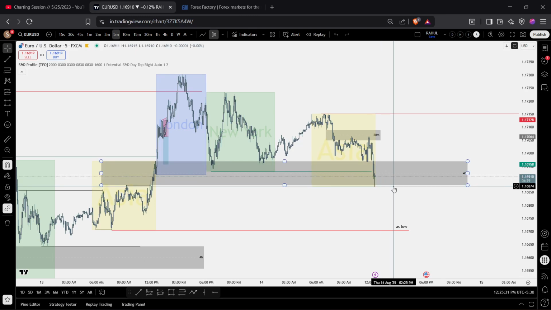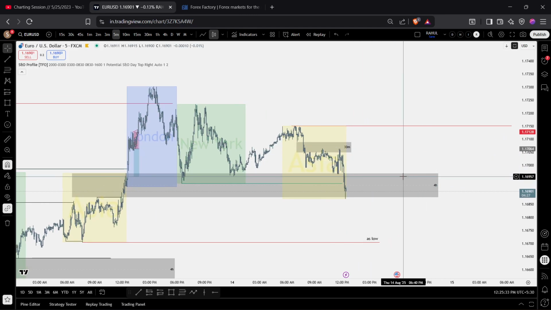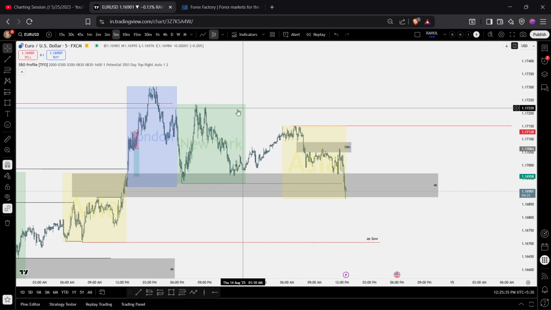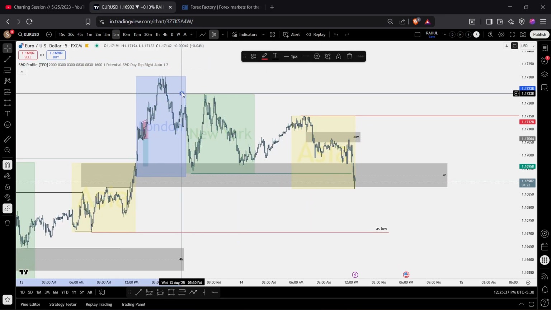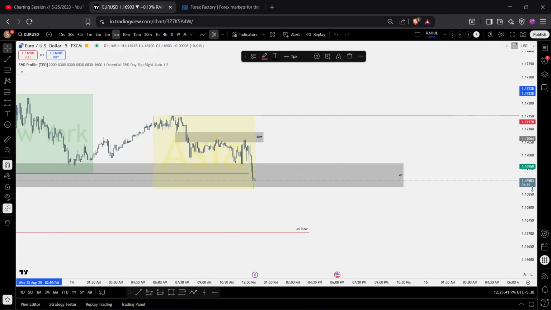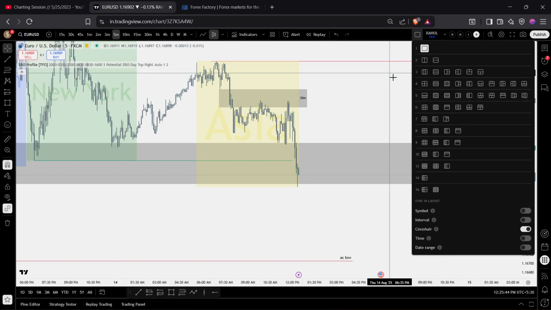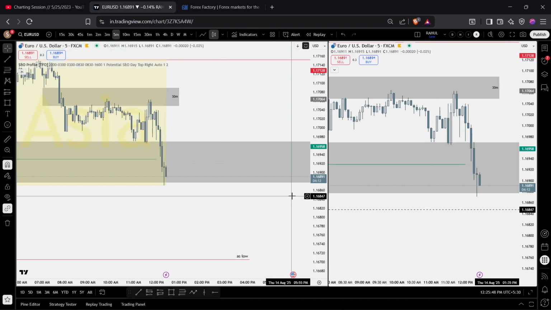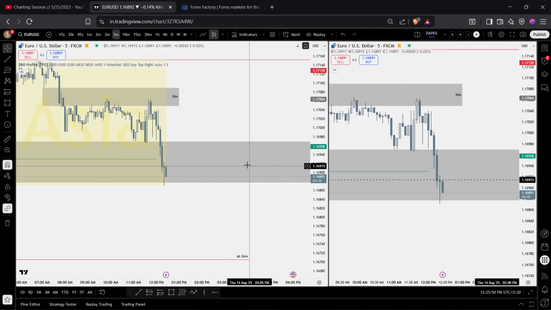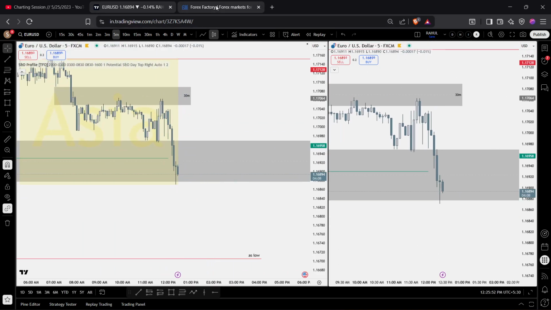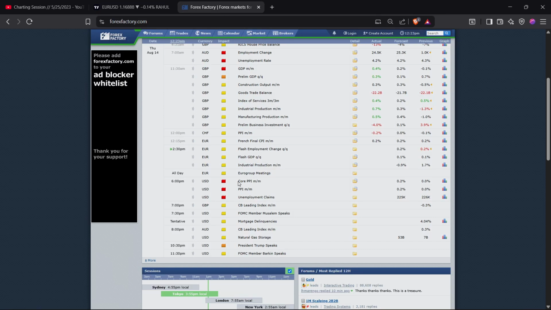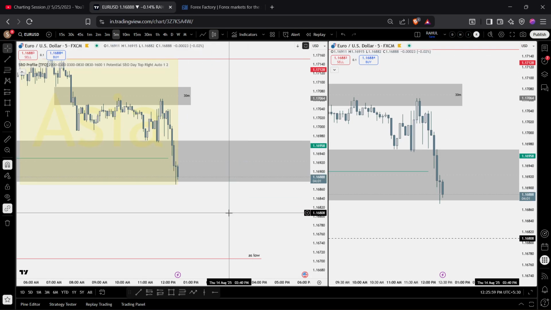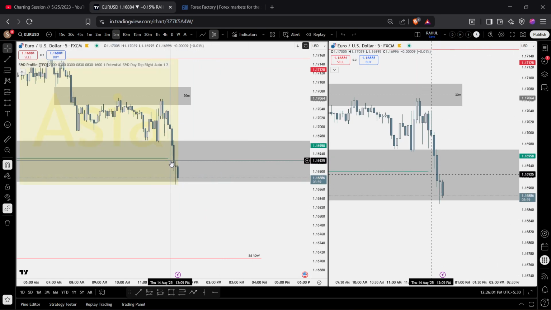If this doesn't get broken through, then we have to wait for some sort of manipulation to the upside for me to confirm a bullish bias. Not expecting to take a trade, as all the unemployment claims have either made a loss or formed some manipulation. Let me check.